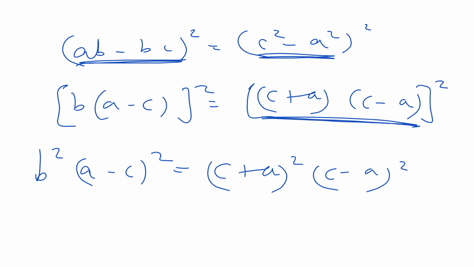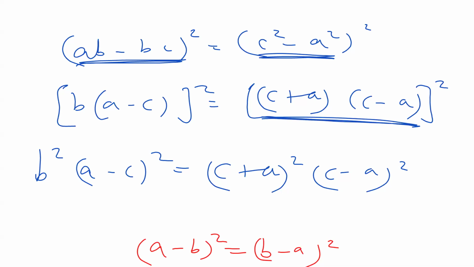Guys, did you understand this? I have given square to all the terms within the brackets. Now, guys, tell me, technically, is a minus b the whole square equal to b minus a the whole square? Is this true?